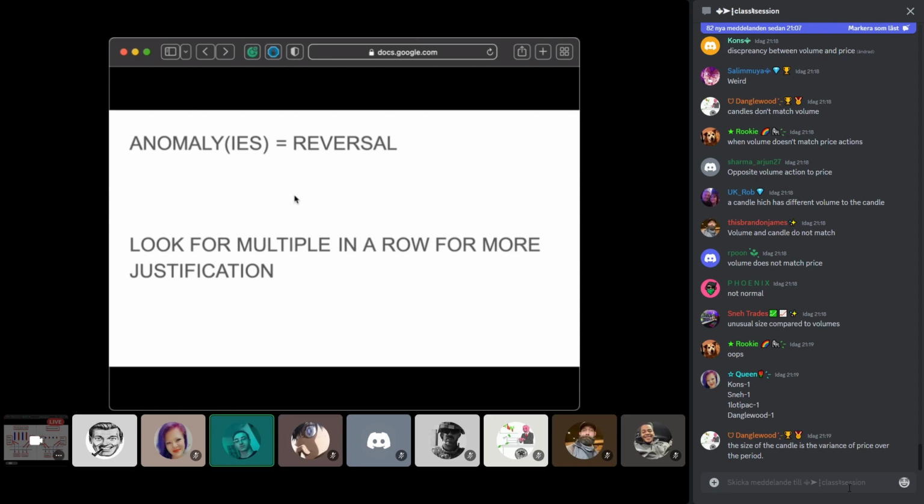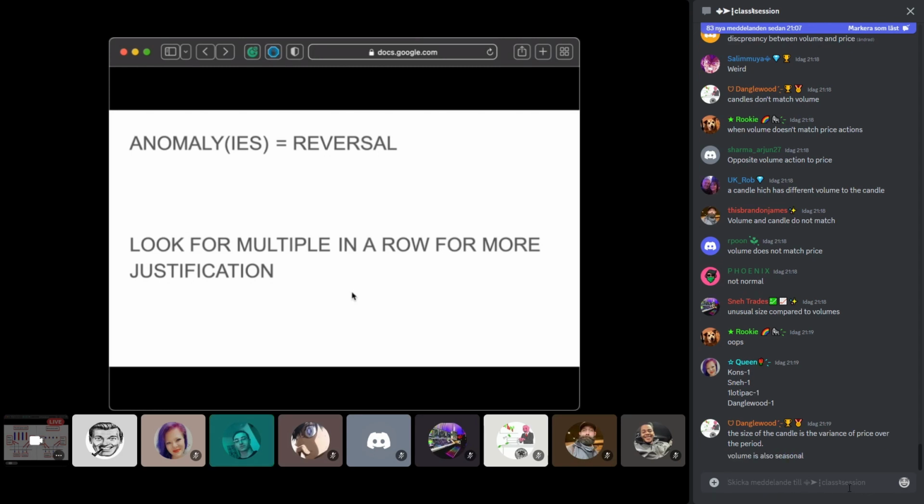So it's important that if you're looking at these in a lower time frame, or even a larger time frame, when these occur, you want to have evidence. Think of yourself as a crime scene investigator. You're trying to connect the dots here. You want to have maybe one anomaly at the beginning, a second anomaly around the middle of a trend, and then a third anomaly at the end.